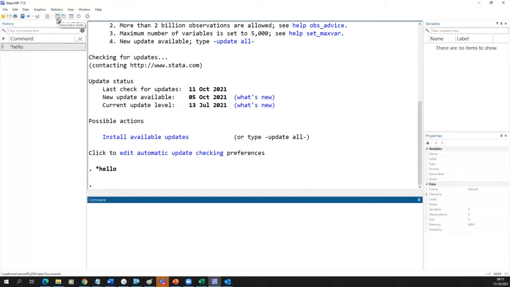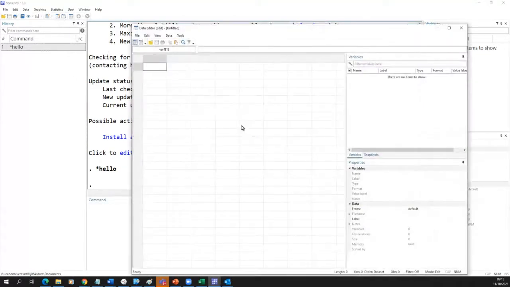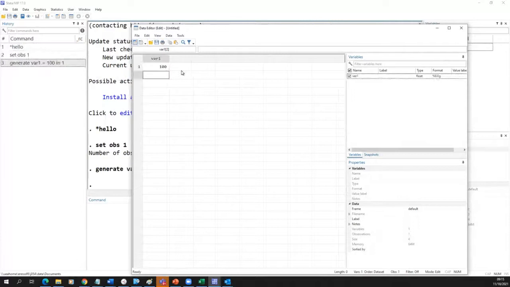Now, what we do first is we type in the data. Okay, so you go to Data Editor, and then in Data Editor, you type in the numbers.